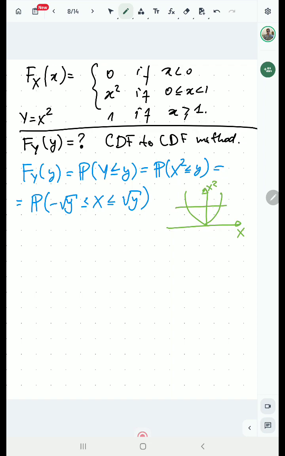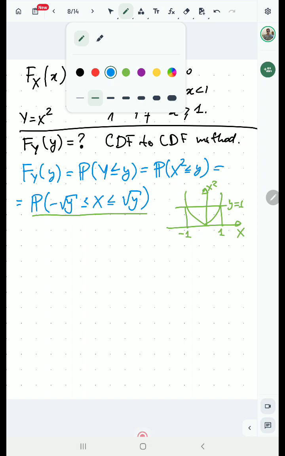Suppose you have y equal to 1, and obviously when you say x squared is less than 1, that corresponds to values of x greater than negative 1 and less than positive 1. So therefore the probability that x squared is less than y corresponds to the probability that x falls within this interval. Now let's continue.